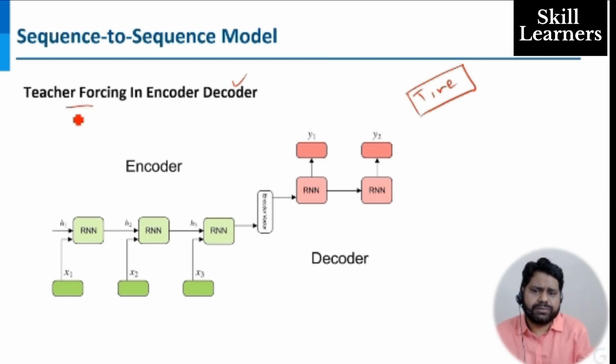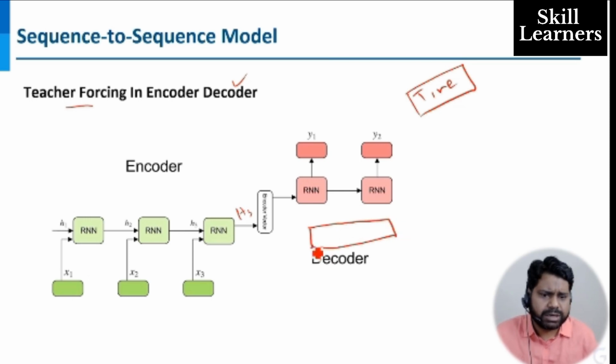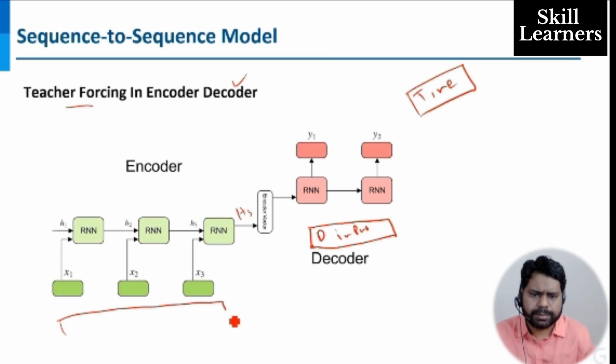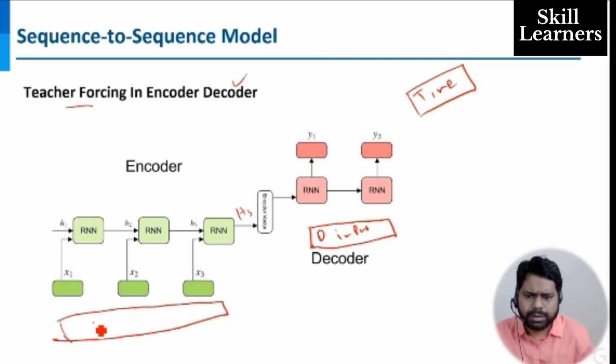How teacher forcing works: when this hidden state, let's say H3, goes to this encoder vector, it goes there, Y1. Similarly, there is one output. This is your decoder input, and this is your encoder input.